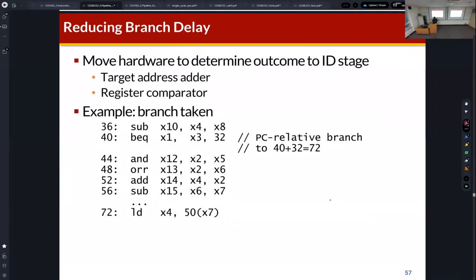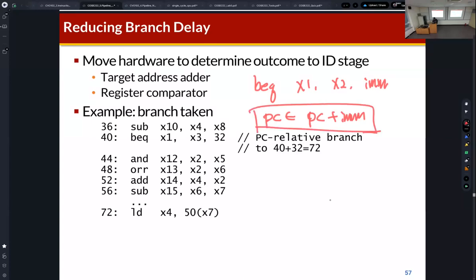Let's think of BEQ, X1, X2, and immediate. If the branch is taken, then the PC is updated by PC plus immediate.